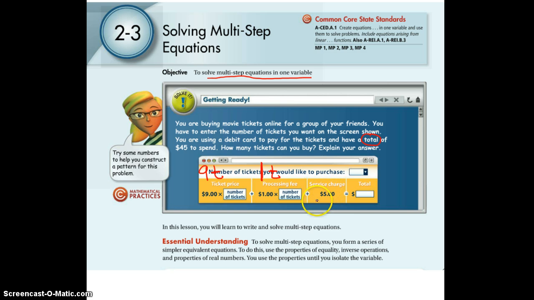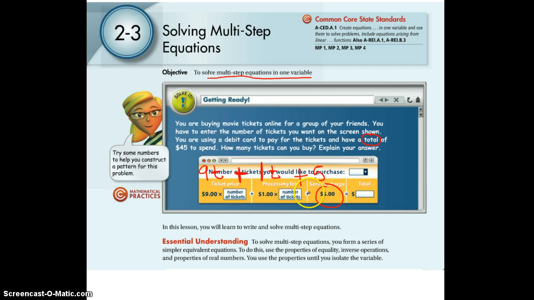And then there's also a service charge. No matter what, you're going to have to pay a $5 service charge. So we also need to tack that onto our price. Now, we are going to buy some tickets, and we are going to be charged $1 processing fee, and we have to pay $5.